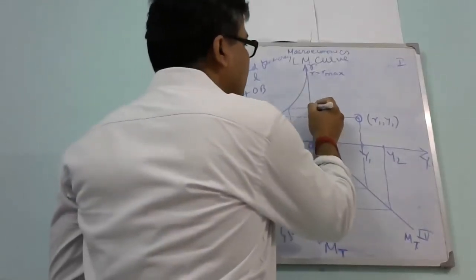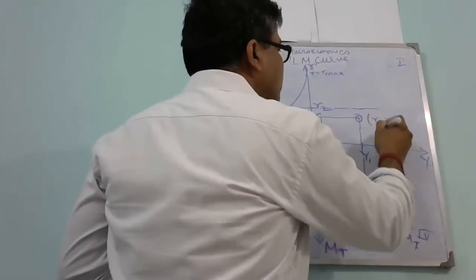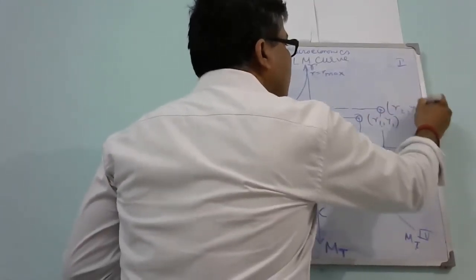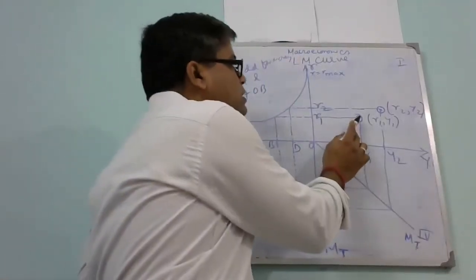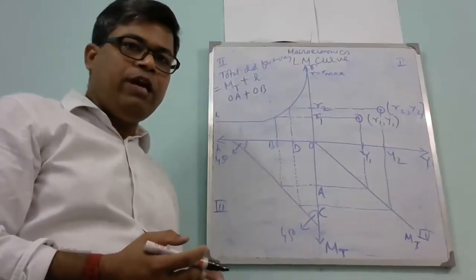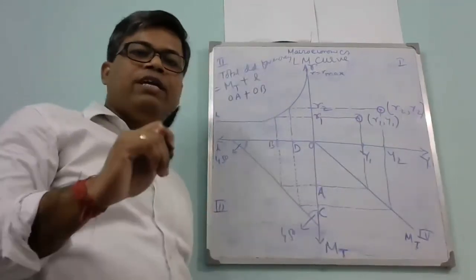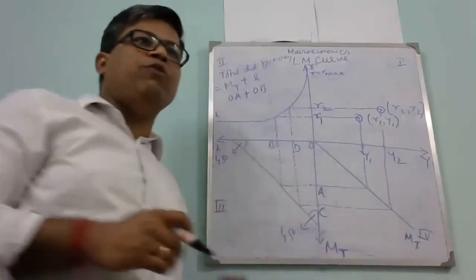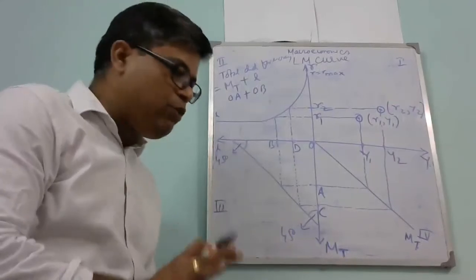Now we get another combination of rate of interest and income, R2 and Y2. In this way we can get a lot of coordinates. All these coordinates represent money market equilibrium, different combinations of rate of interest and national income that keep the money market in equilibrium.